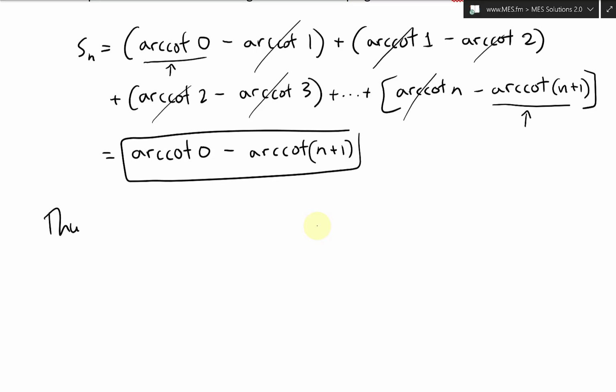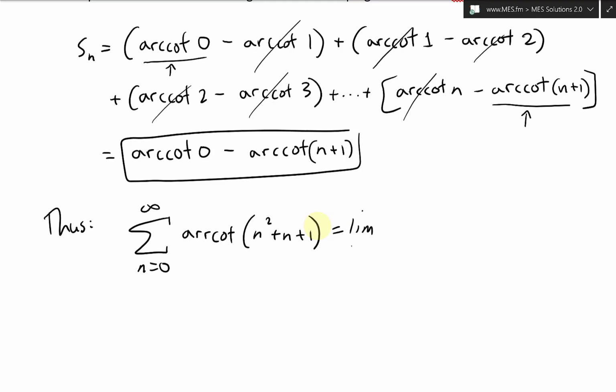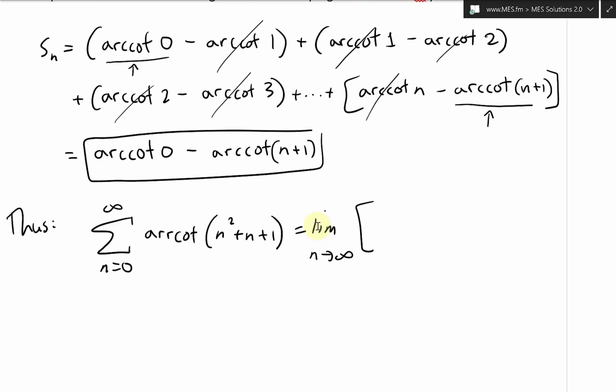So now, putting it all together, the summation from n is 0 as it approaches infinity of arc cotangent of n squared plus n plus 1 is equal to the limit as n approaches infinity of our Sn, which is this setup right here: arc cotangent 0 minus arc cotangent of n plus 1, all in brackets.